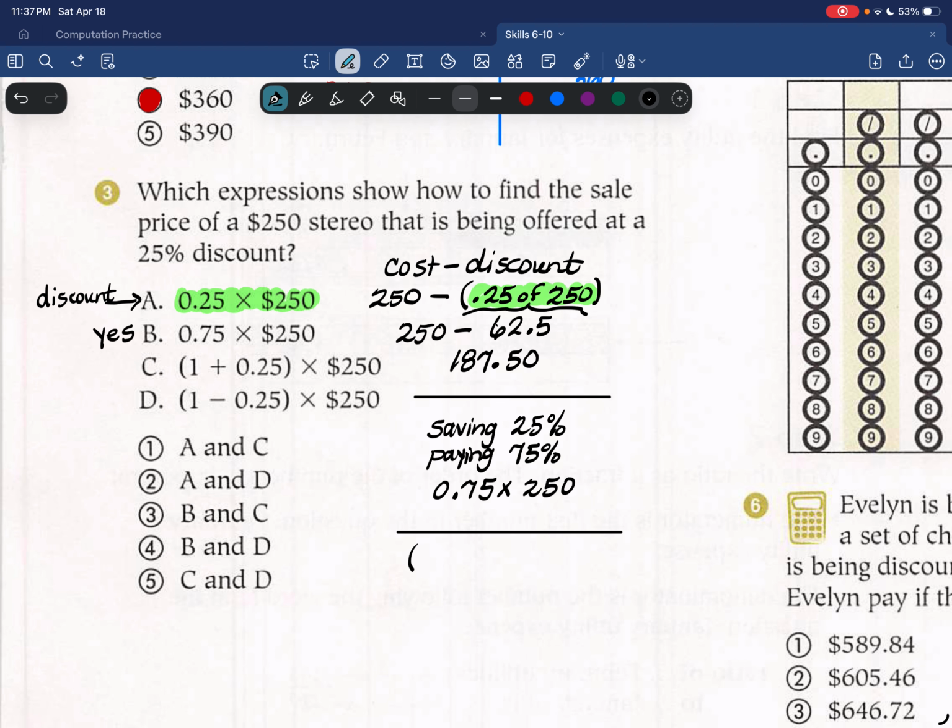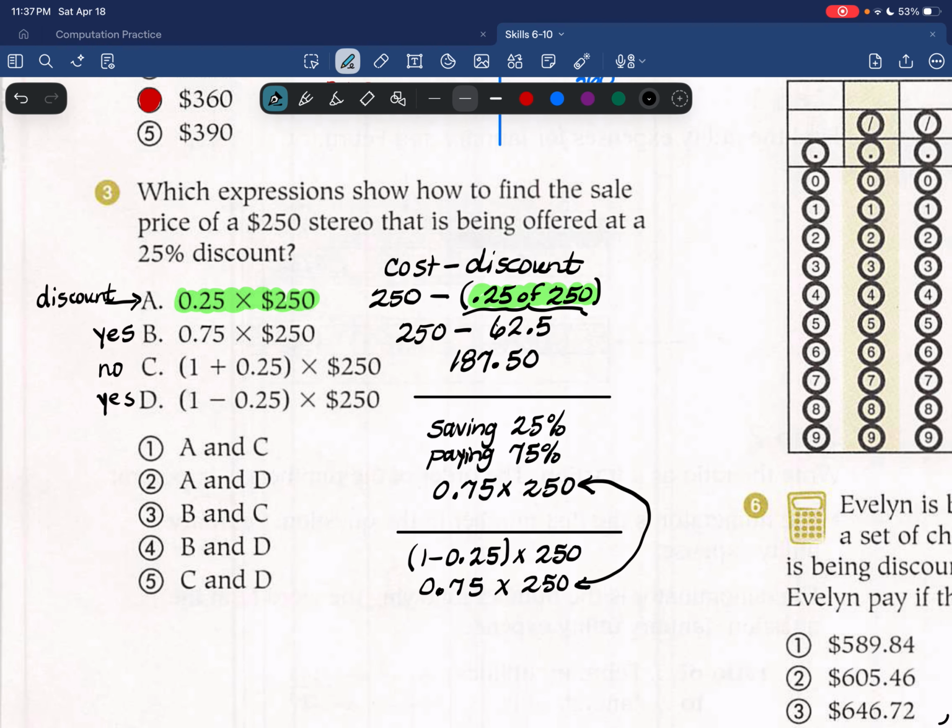Think about 1 minus 0.25. What is 1 minus 0.25? It's 0.75. And we've already seen that B will work. This is the same as this one. And we know that B will work. C will not.